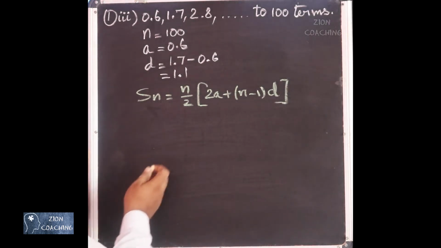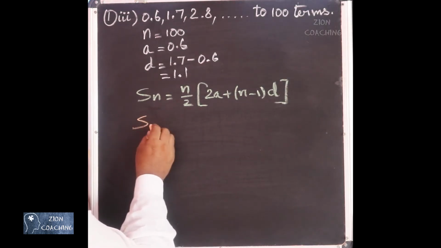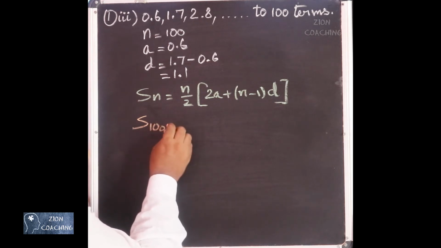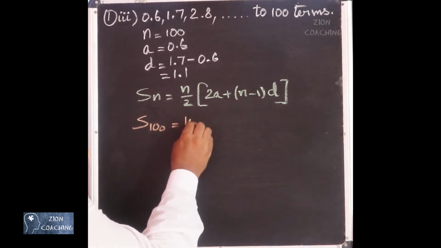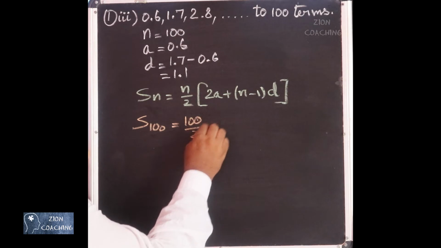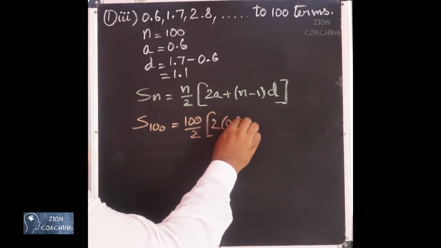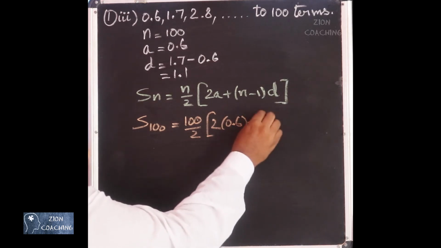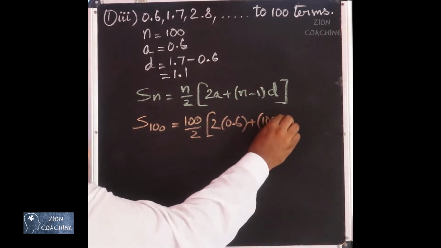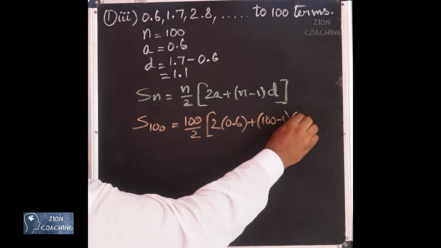We are going to substitute the values. We are going to find sum up to 100 terms. N value is 100. So it is 100 by 2 into 2 into your a value, which is 0.6, plus 100 minus 1 into d value, that is 1.1.